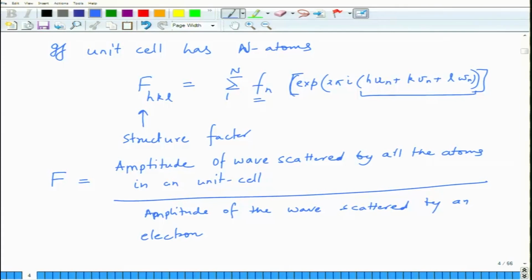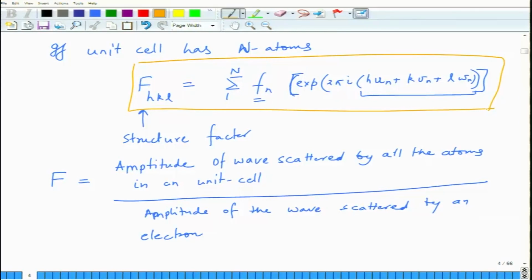So this is the physical definition. This F_HKL is the equation I have written here, and the intensity of the diffracted beam is proportional to mod of F squared. So if F is finite, I is finite; if F is 0, I is 0.